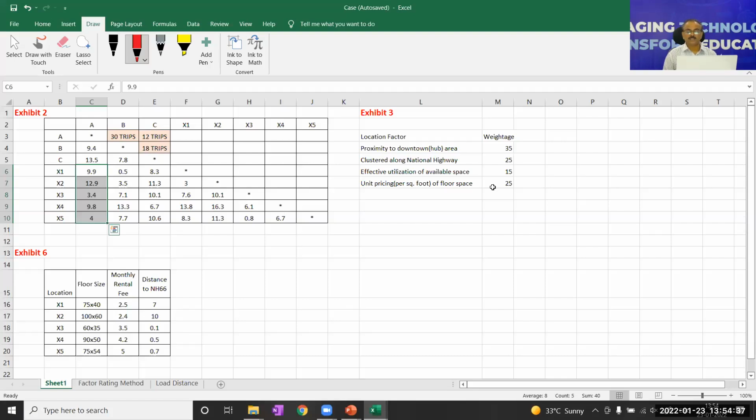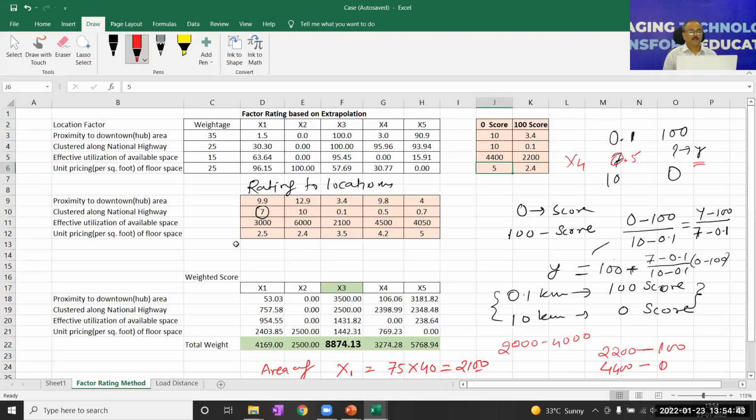So this is the rating for the pricing. And based on this, then you will extrapolate it. Okay, so for these values of the area, we have extrapolated it and got the rating here.